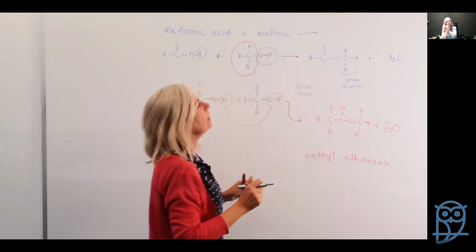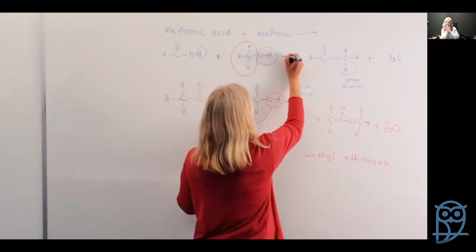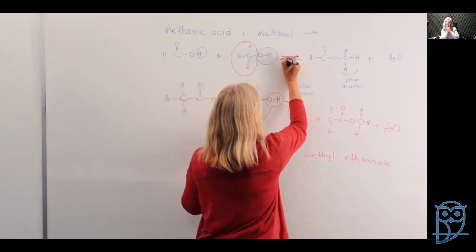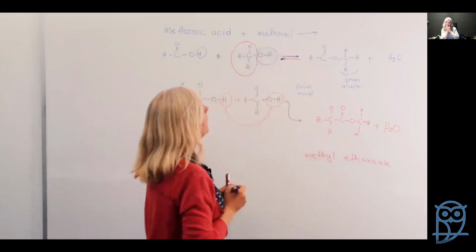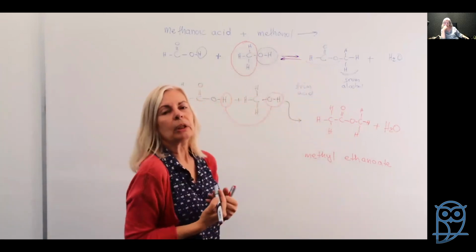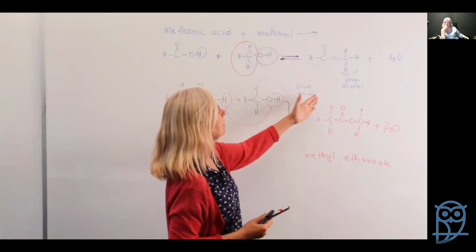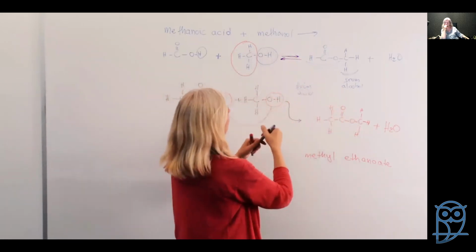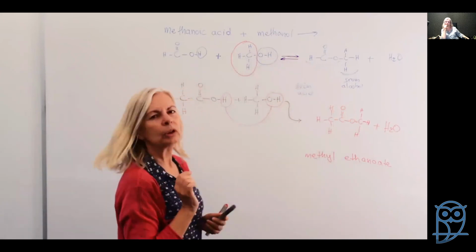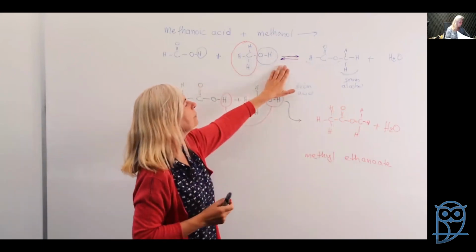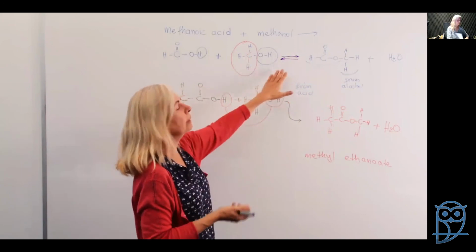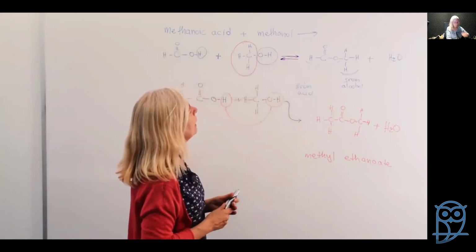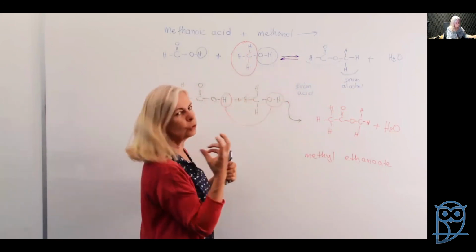Now, the truth about this reaction is that this is not a one-way reaction. It happens in both ways. And if we are to produce an ester, we want the reaction to move to the right-hand side. Therefore, we add a catalyst, a drop of sulfuric acid, for example, which has 2 advantages.